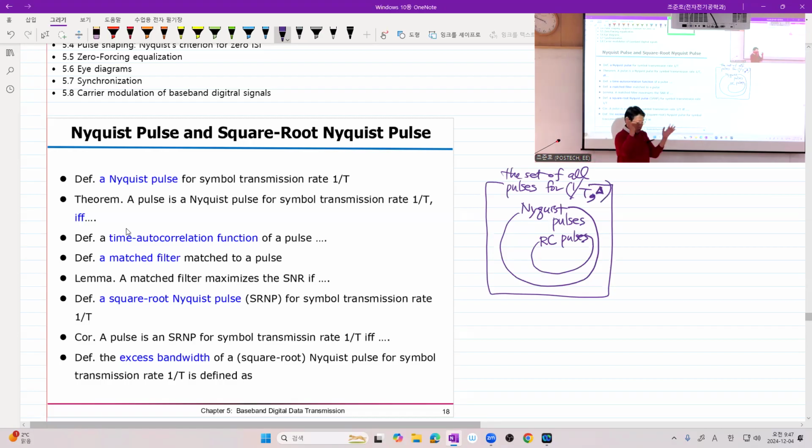You cut just one period and raise it up, then divide it into two parts, shift left, shift right, and you have a flat top. Whenever you see a pulse in the frequency domain looking like that, you may call it a raised cosine pulse.